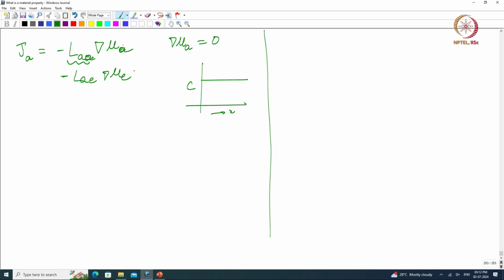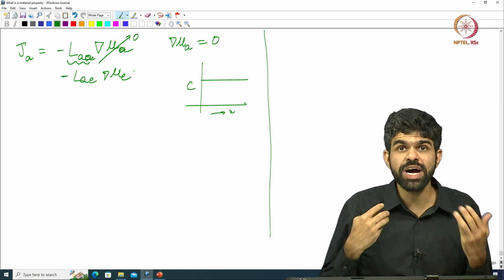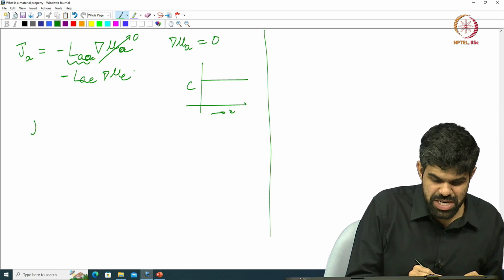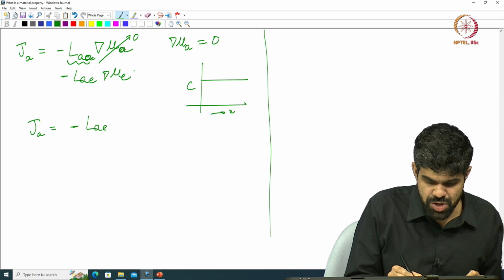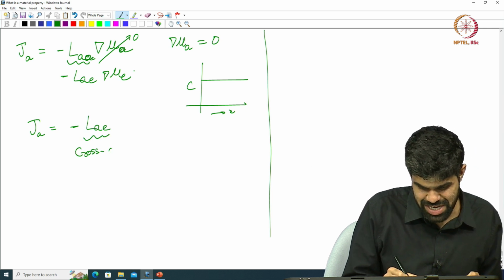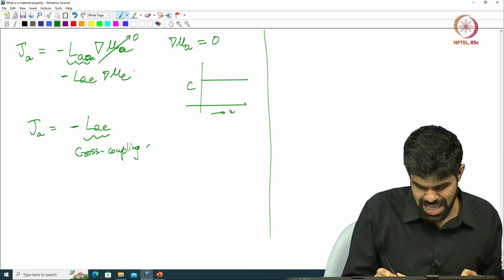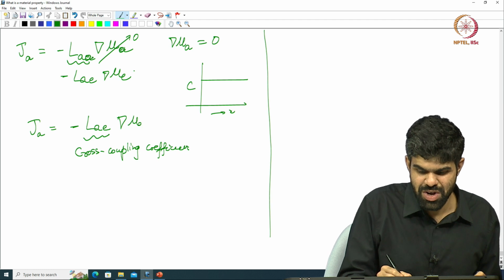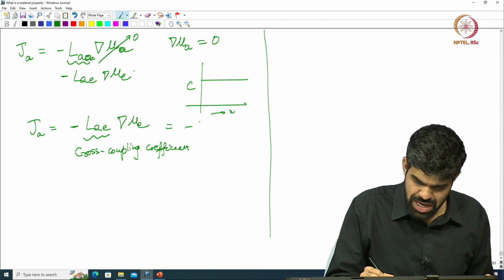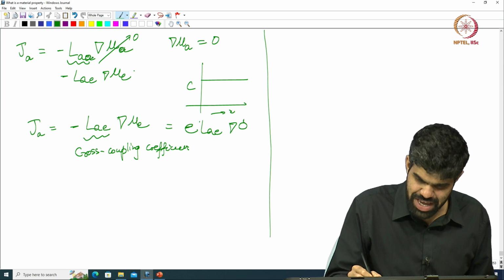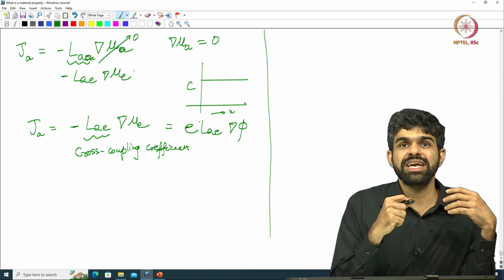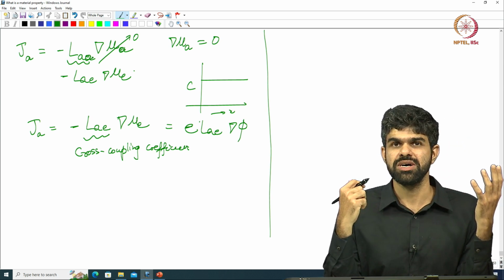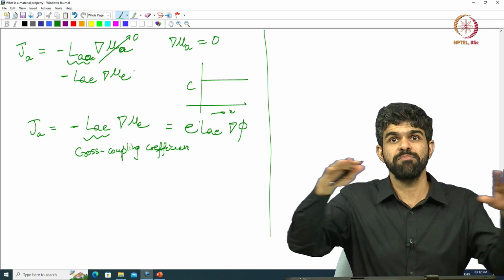The gradient of mu A is 0, that is fine. So, I do not have any concentration gradient, but does that mean I still cannot move atoms? That is not true. So, Ja now is equal to another Onsager's coefficient, a cross coupling coefficient, times the voltage. This will just turn out to be E times Lae times del phi, where del phi is the electric field or the potential difference that I am applying in this entire wire.